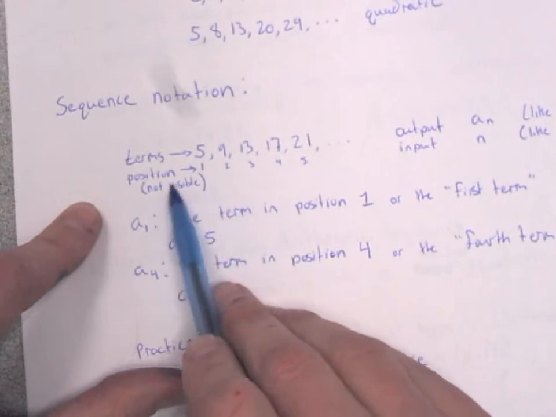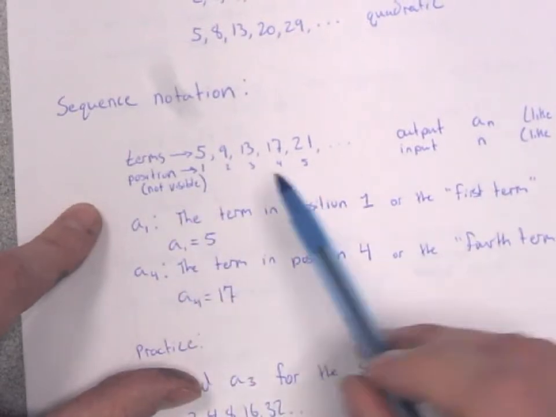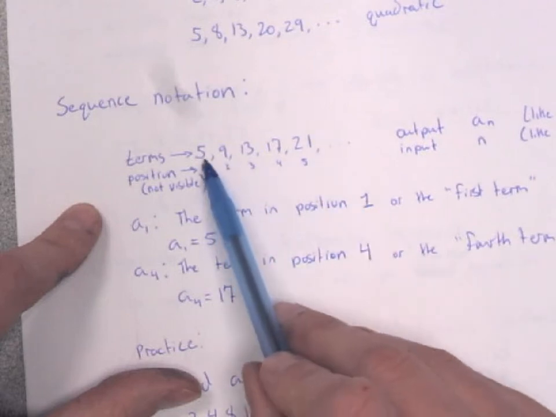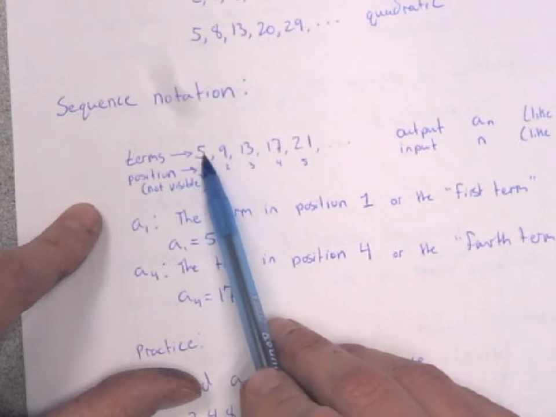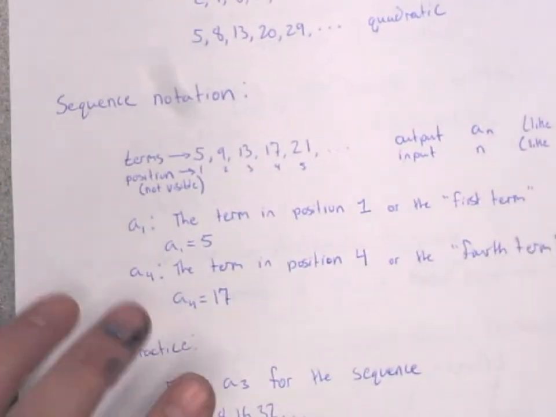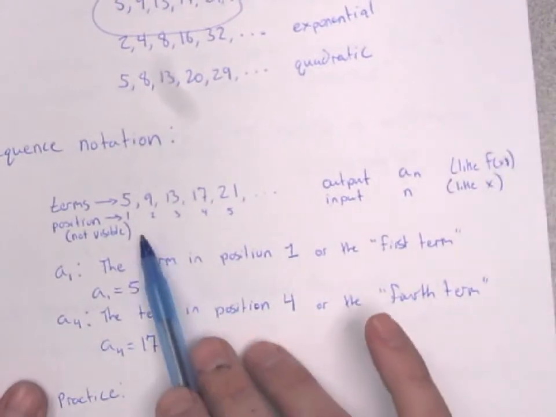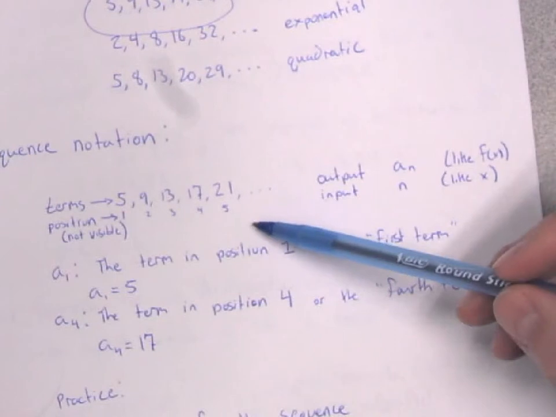But this is typically hidden. We don't see this part. But we just know from looking at the sequence, this is the first one, the second one, third one, fourth one, fifth one. So first term is in position 1, second term is in position 2, third term is in position 3.